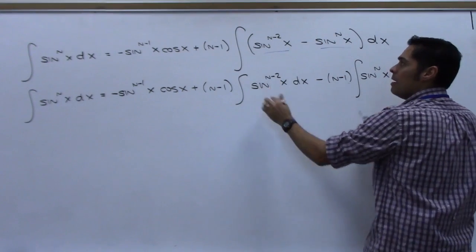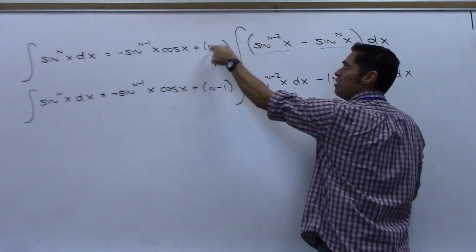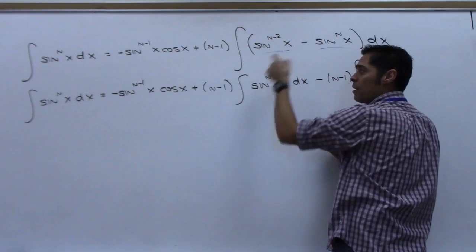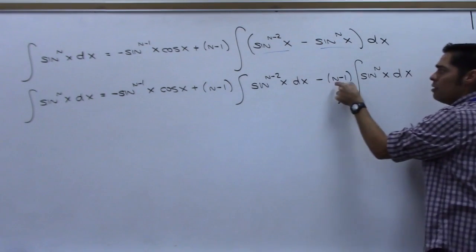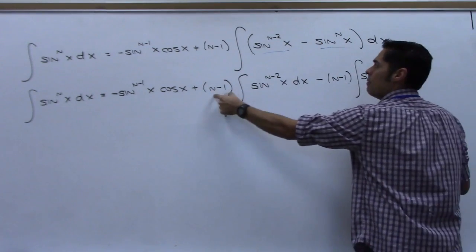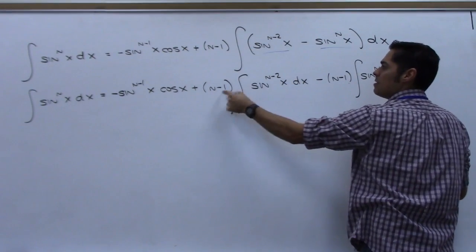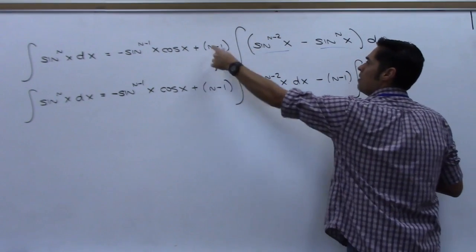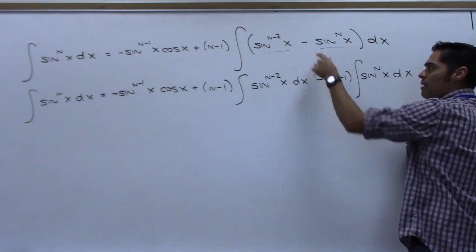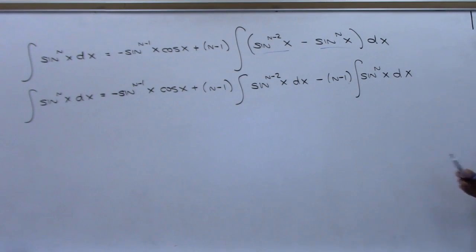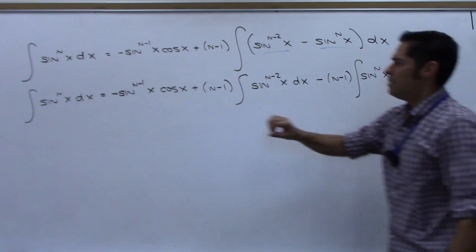And this number right here is being multiplied, so it has to distribute to both, so that plus n minus 1 has to go in front of both. But since this one was positive, I just left it positive. This positive thing times that negative would become a minus. Yeah? This integral is the same as this integral.